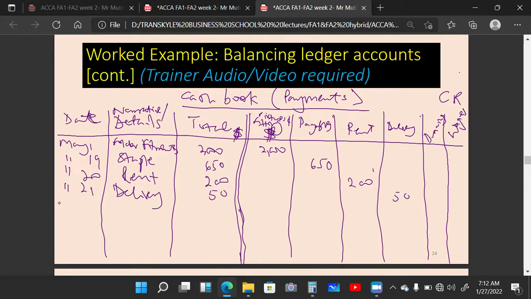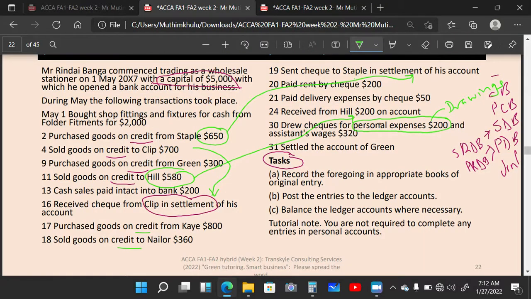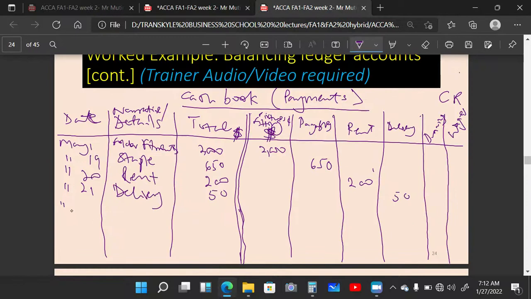So the drawings, what are the dates for drawings? On the 30th of May. Drawings, they were $200, so we go to drawings 200.